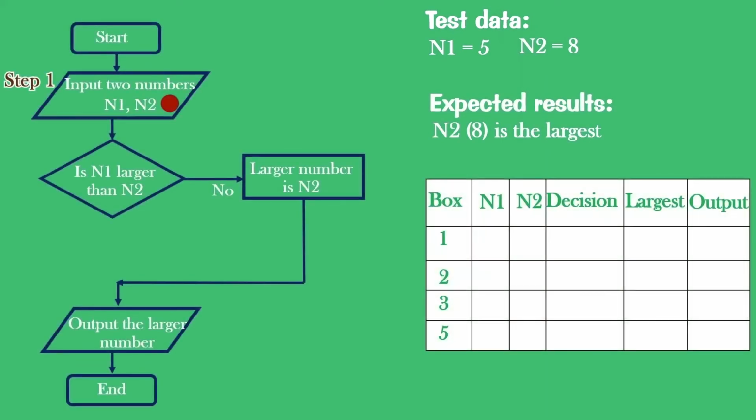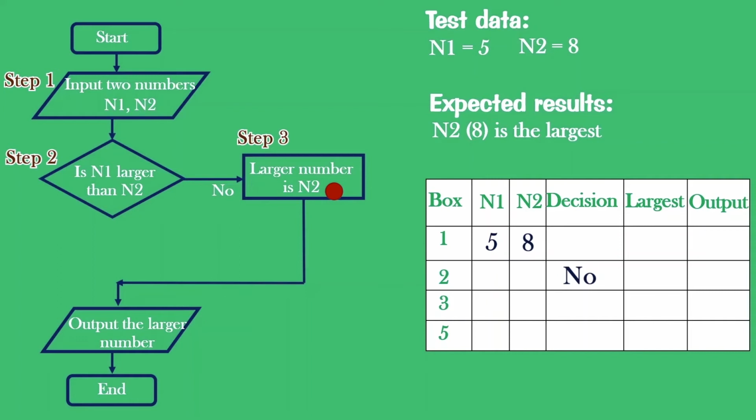Step 1, enter 5 in n1 and 8 in n2. Step number 2, is n1 greater than n2? Or you can say, is 5 greater than 8? The answer is no, so we go to step number 3.